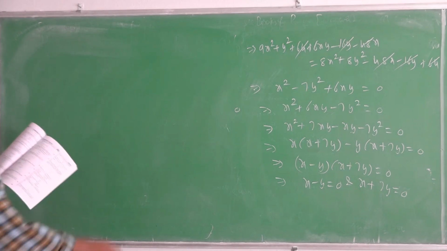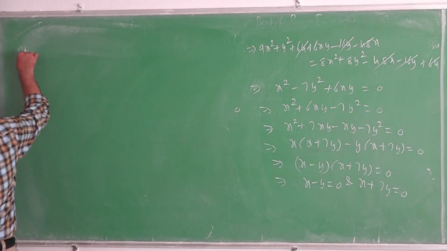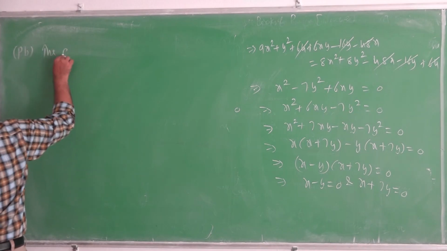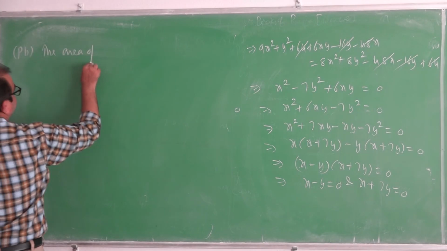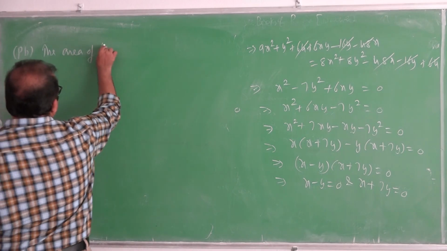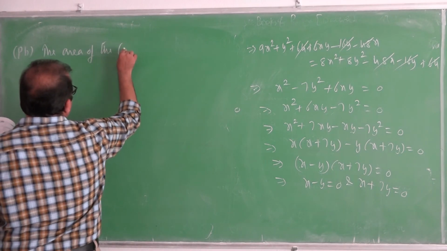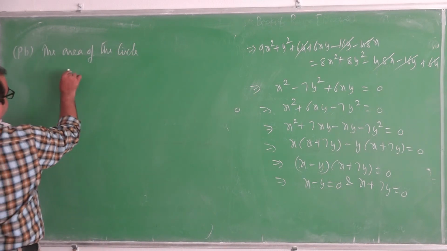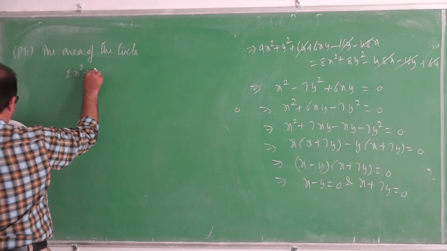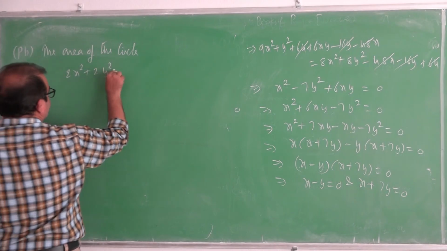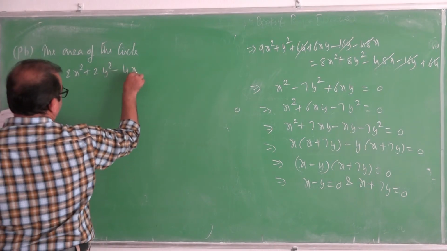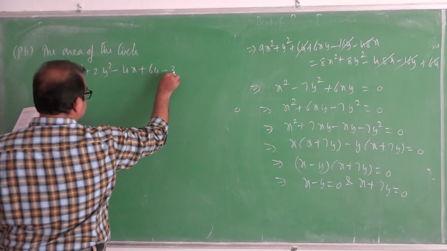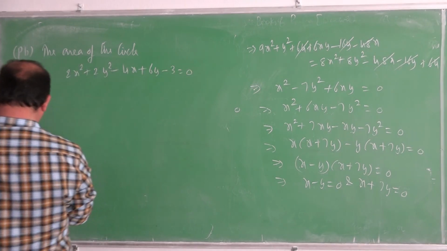Next, find the area of the circle 2x square plus 2y square minus 4x plus 6y minus 3 is equal to 0.